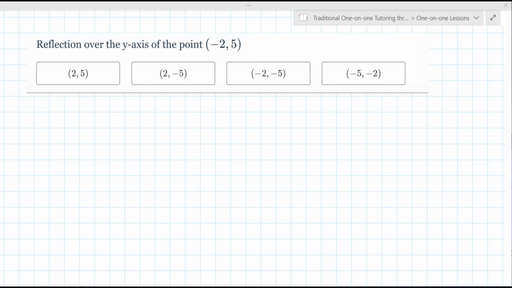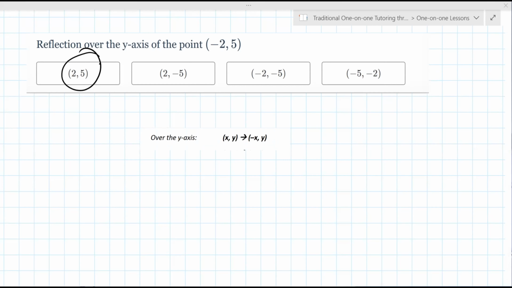You can also graph it or try to visualize what that is when it flips over the axis. Oh, it's +2, +5. So the difference is that the x value changes, like you just said, +2, +5. Okay. Very good.